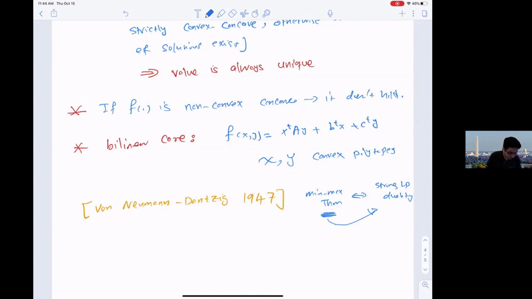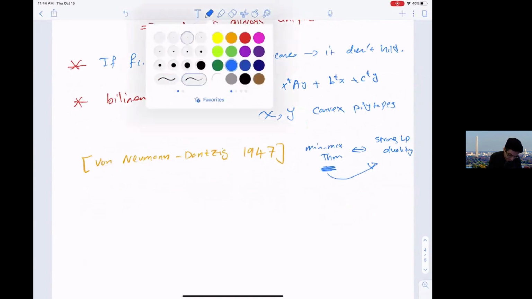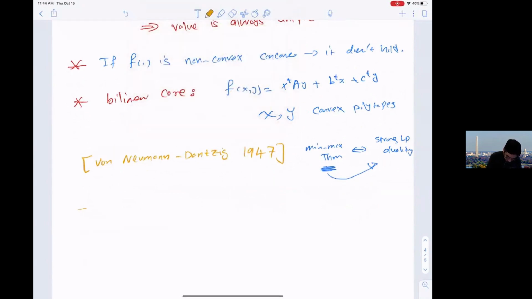Okay, so what about simultaneous gradient descent that we started discussing? There is a result by Freund and Schapire, 1999, that they show convergence of simultaneous gradient descent and ascent in an average sense.